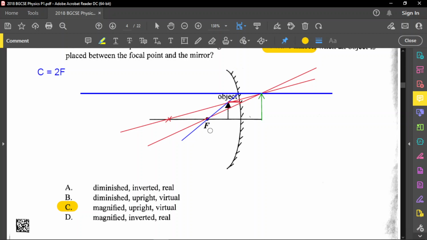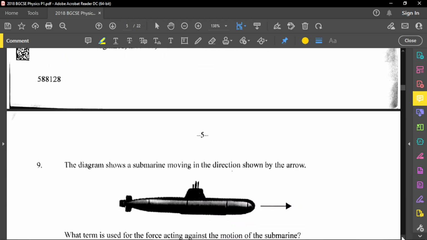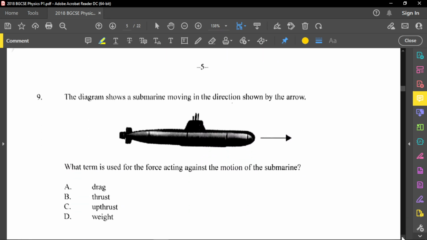And of course, in most cases, it will also be inverted, which means turned upside down. I think at 2F, yeah, at 2F, it will be the same size and inverted. So at that point it will not be diminished, but will be the same size. So just to make a note right there. Once you practice drawing these lines, you should be awesome at drawing an image formed from a mirror or from a lens. All right, let's go to number 9.